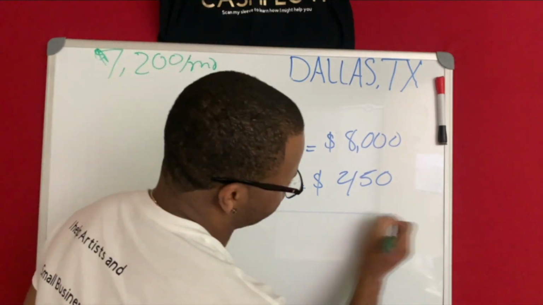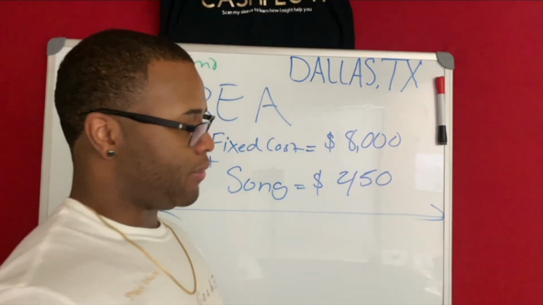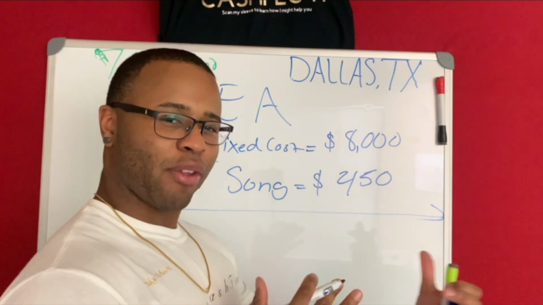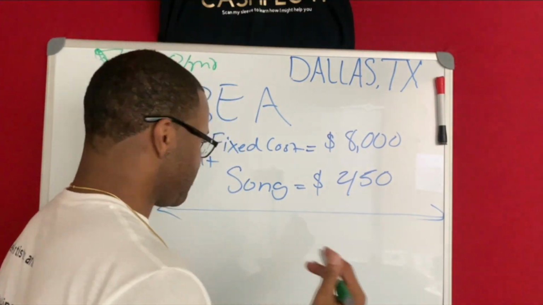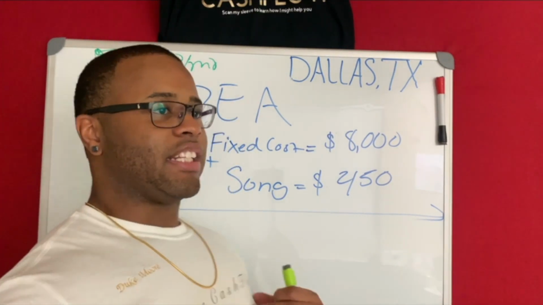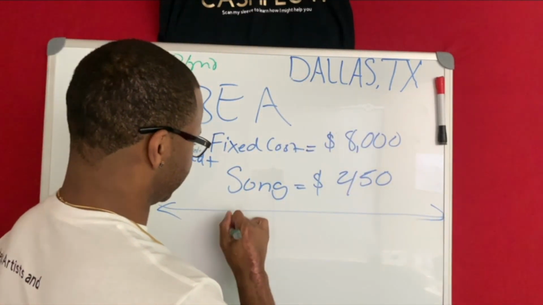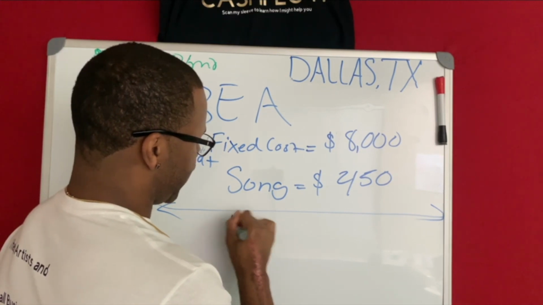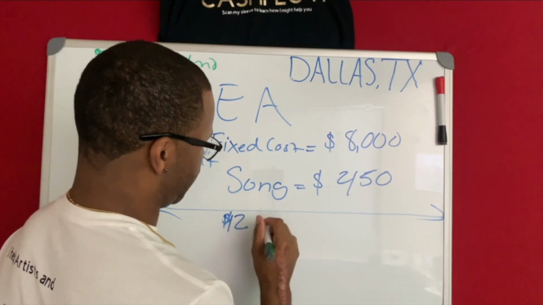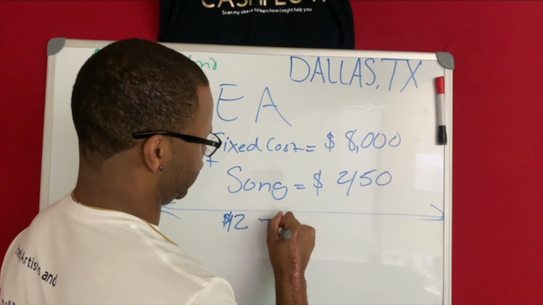So in other industries and other businesses, this is why you have the royalties come into place. So in other businesses, let's say the t-shirt business, right? Let's say it costs them $12 to make one t-shirt. $12 per t-shirt.